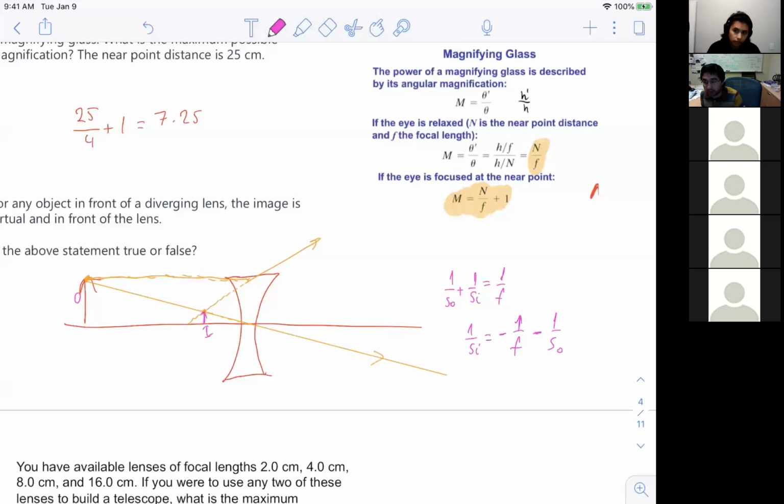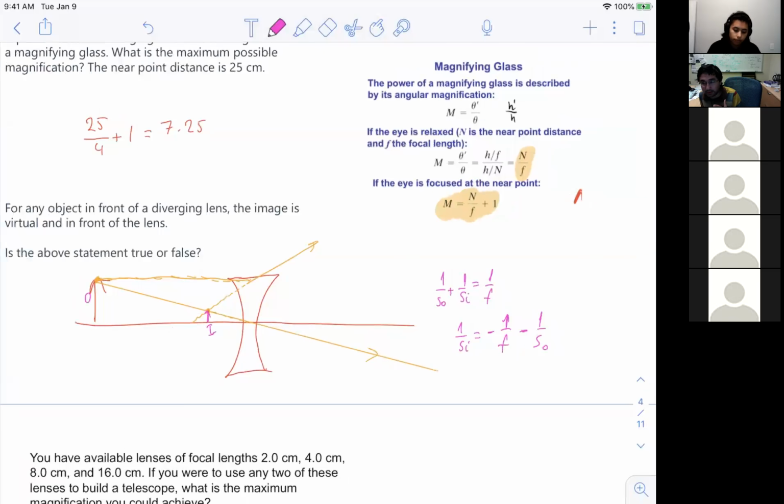From this, you also see that S_I is always negative, on the same side as the object, and it's going to be smaller and virtual. Virtual means that it's not a real image. In the real image, you have real light intersect. In the virtual, the projections intersect. So from this, you see it's true.